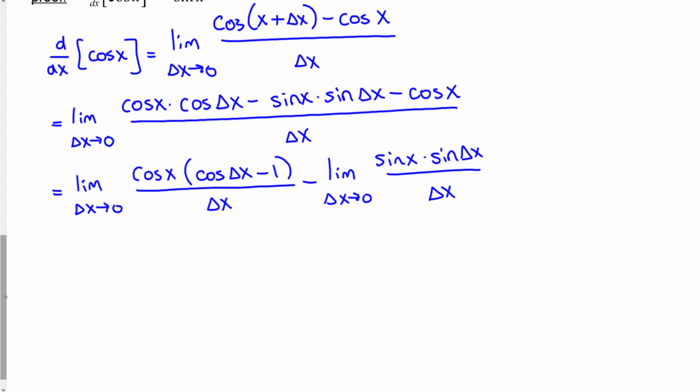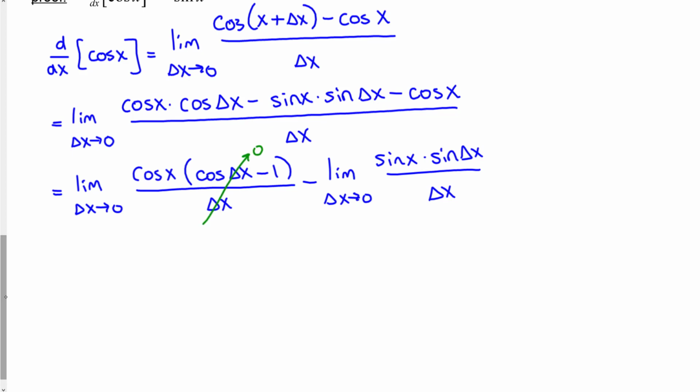And what happens here is the same sort of thing. When I take the derivative, or sorry, the limit as cosine delta x minus 1 over delta x, that limit of this piece right here is going to go to 0.